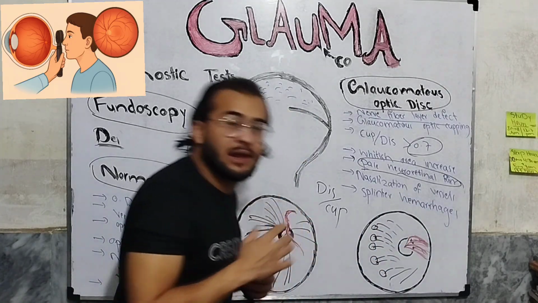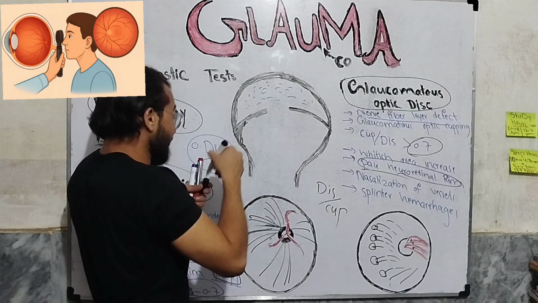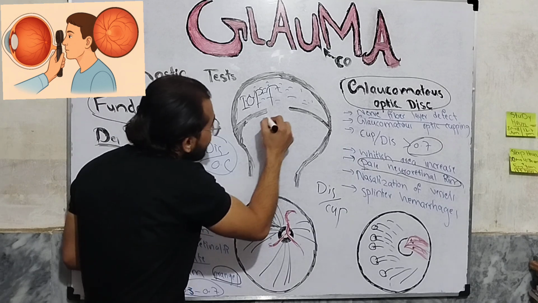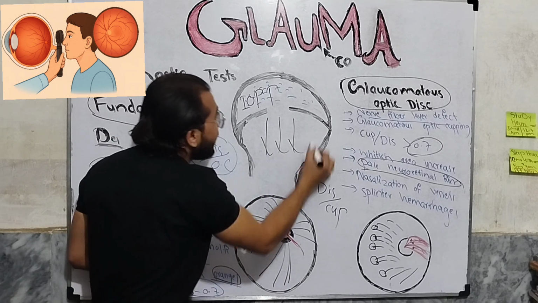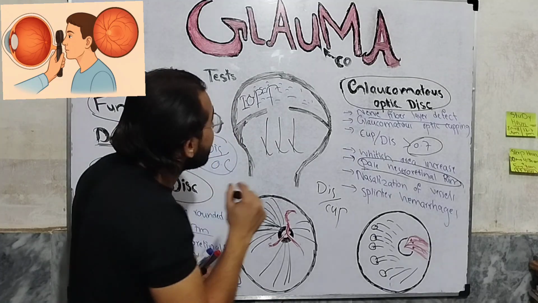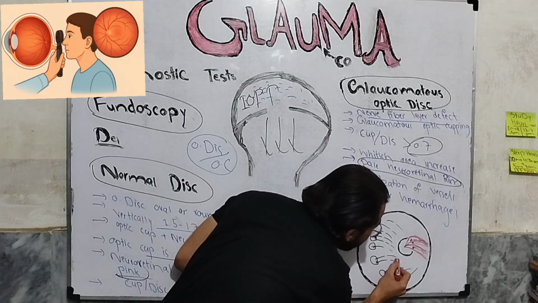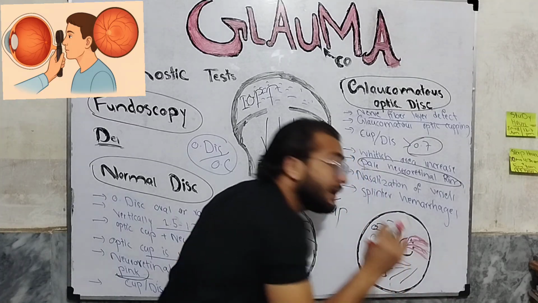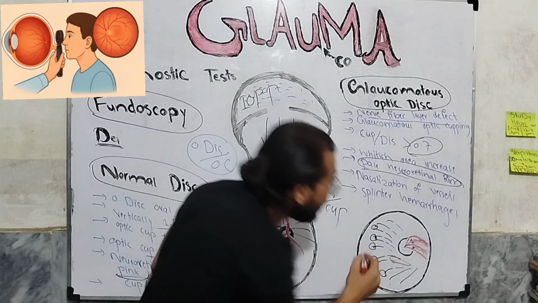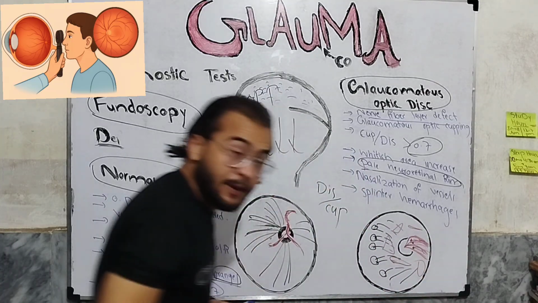And remember, the increased intraocular pressure is actually causing all these problems. This pressure can also cause hemorrhages in a special pattern, the splinter pattern. So we may have splinter hemorrhages in this peripapillary area.